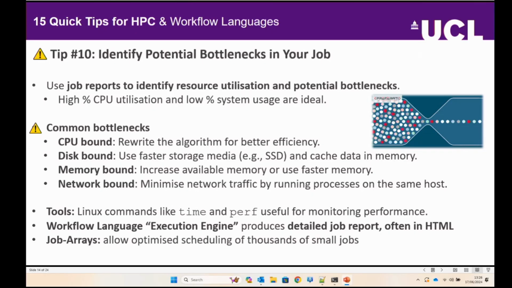Another thing is job arrays. This is really useful if you've got thousands of small jobs, like my 97,000 job example I gave in my first slides. I wasn't aware of array jobs at that time, but array jobs allow you to group them all together so that the job scheduler can best decide how to execute the jobs, rather than just submitting them individually through a recursive script to the scheduler.